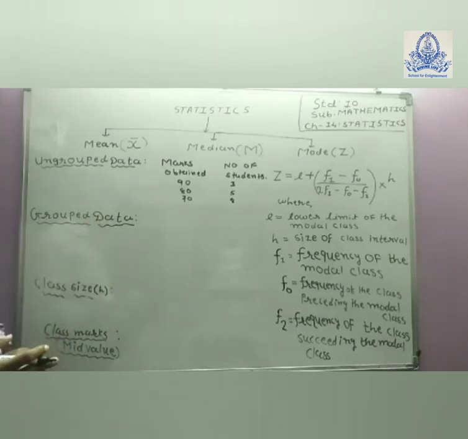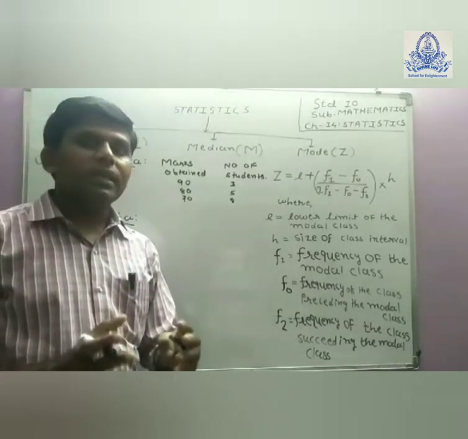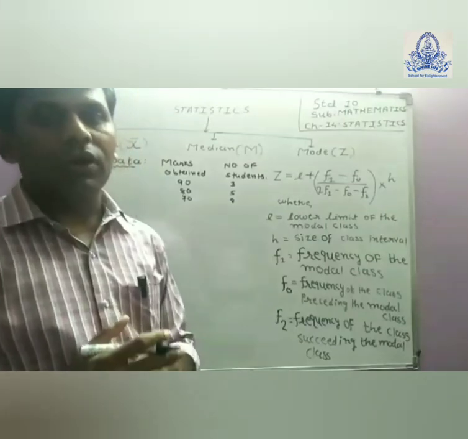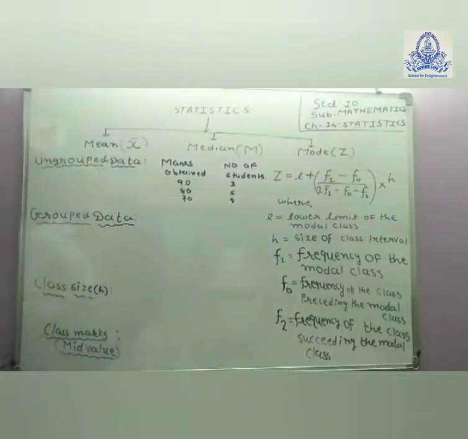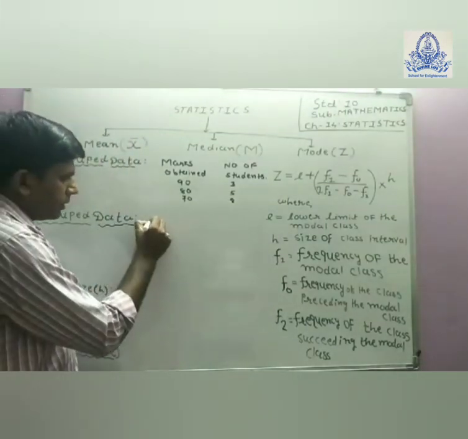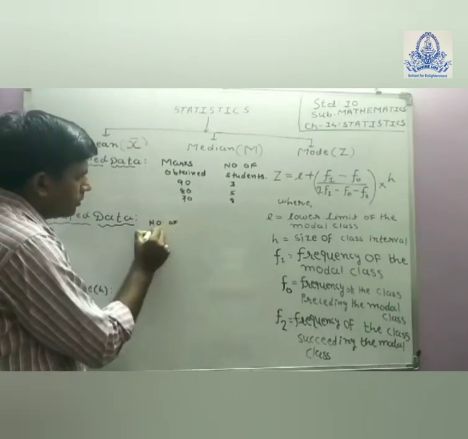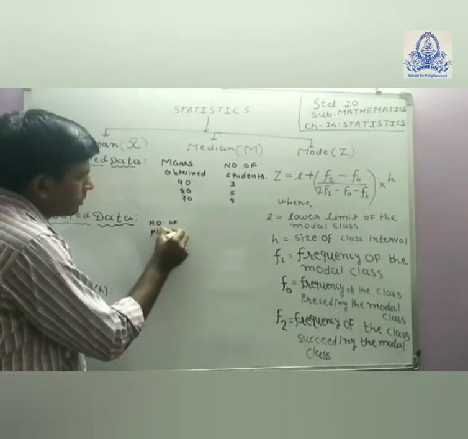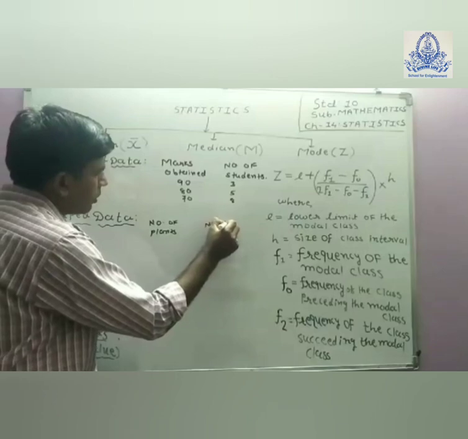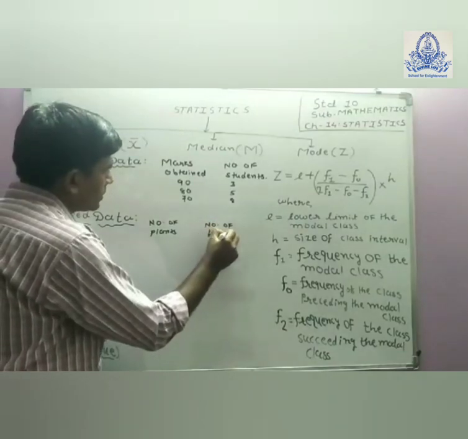But in grouped data, data is organized into classes or groups. Suppose we are taking an example: number of plants, number of houses.